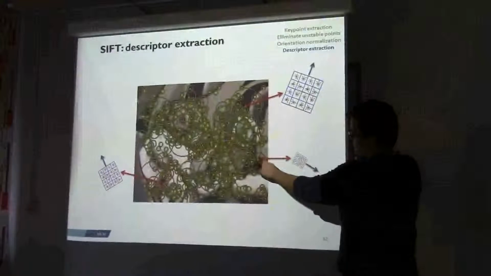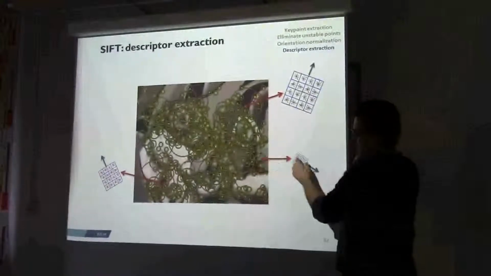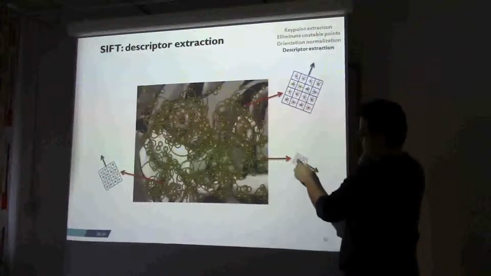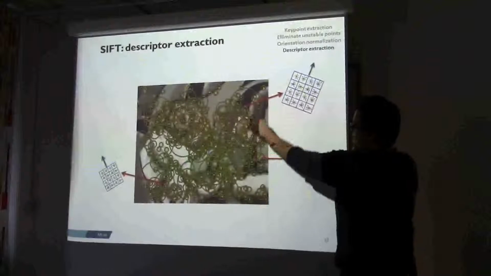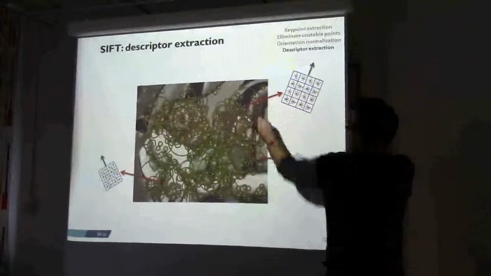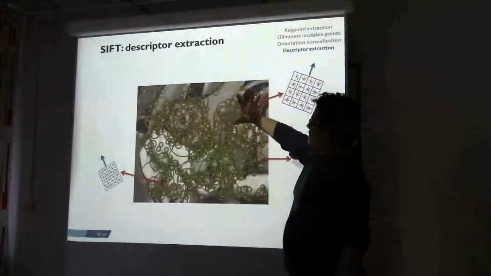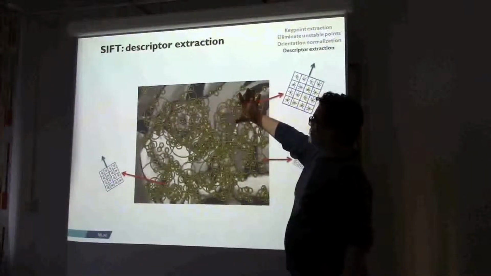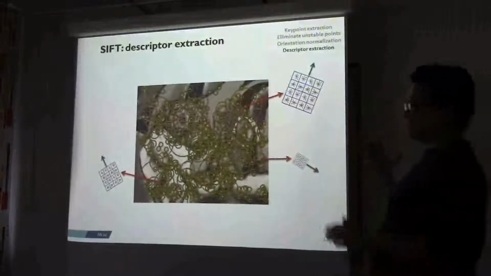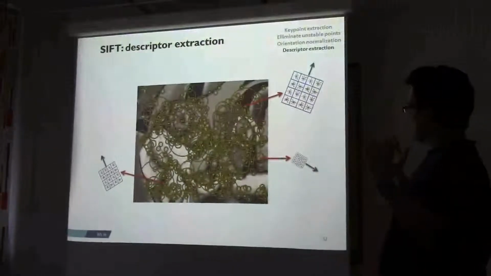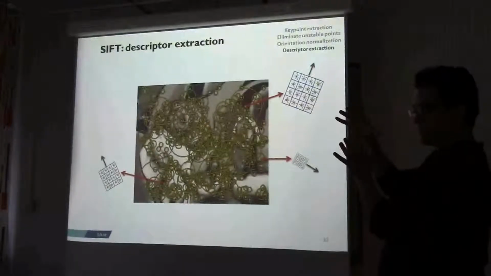In this case, this point has been detected in this scale. So you are obtaining this histogram on this region only. This point has been detected at another scale. You are analyzing a bigger region here. But if you have a new image at a different scale, you will extract the feature accordingly to the scale.